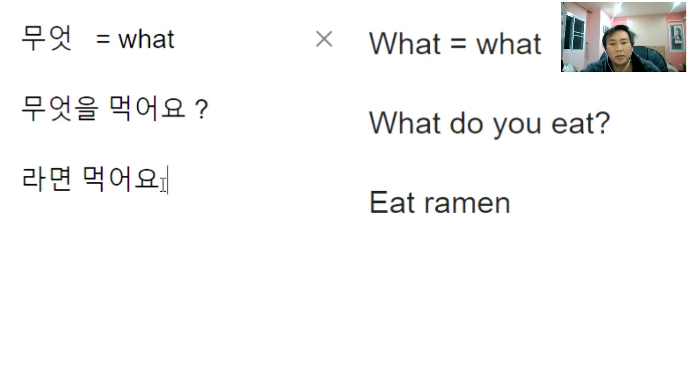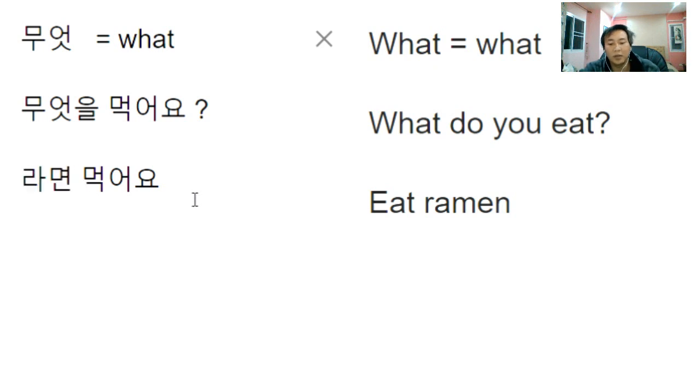Okay, so the question is "muos sư mok go yo" and the answer is "ramyeon mok go yo". So this is the answer. The form changes: you ask "what" first, then when you answer you just add the object.